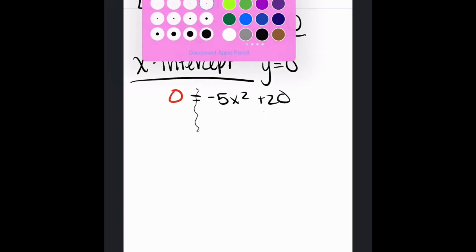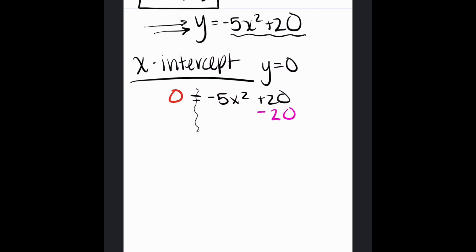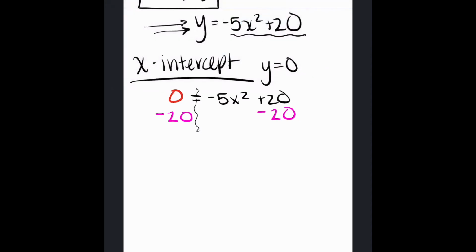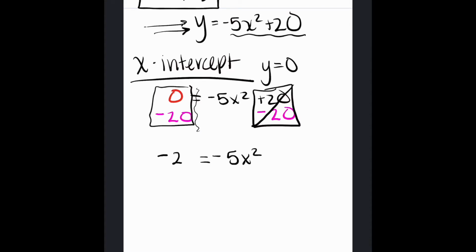So I'm going to subtract 20 on both sides. And then on this other side of the equation, I'm going to subtract 0 minus 20. Over here, these two will cancel. I can just bring down my -5x squared and my equal sign. And then I actually do this: 0 minus 20 is -20. Make sure you know that it is a -20. That's very important.